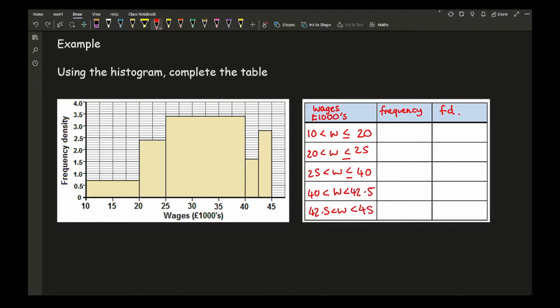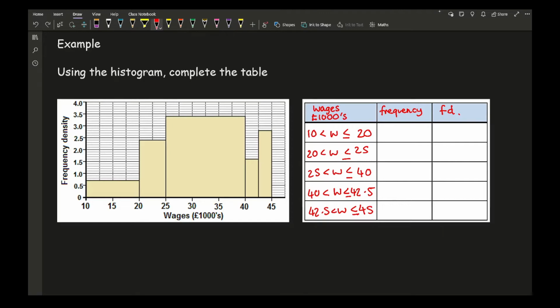Sometimes in a table you might be given an extra few rows. That's not there to catch you out, it's purely there to test your understanding. If you are given extra rows, leave them blank. Don't feel the need to fill every single row and column that you've got.